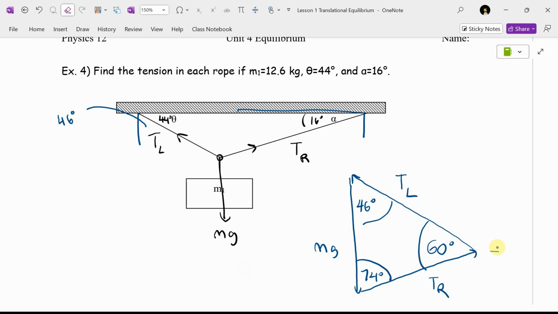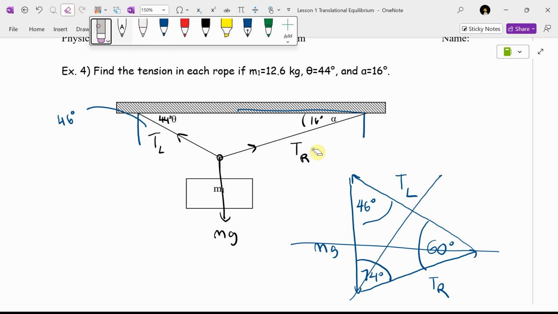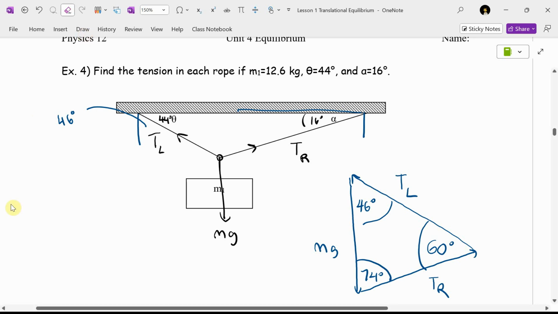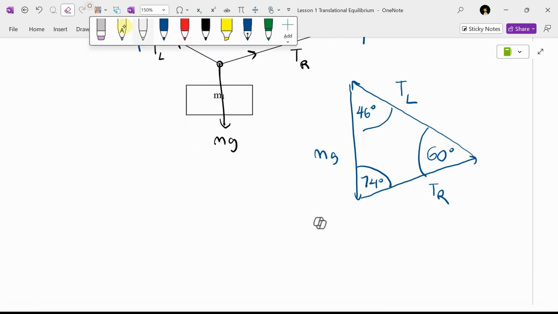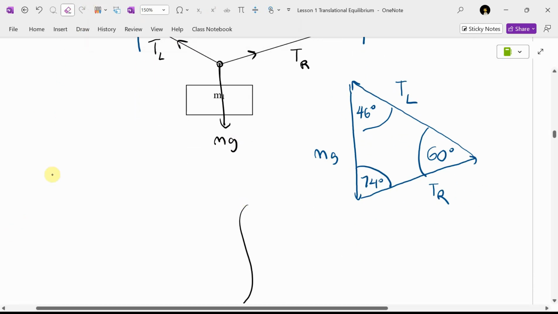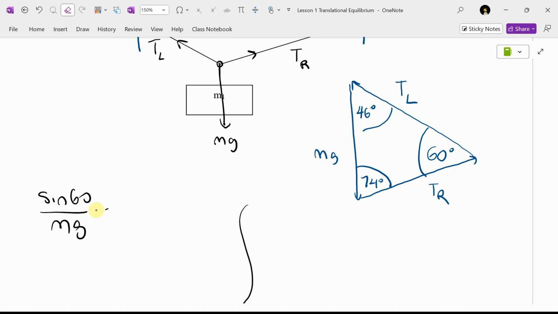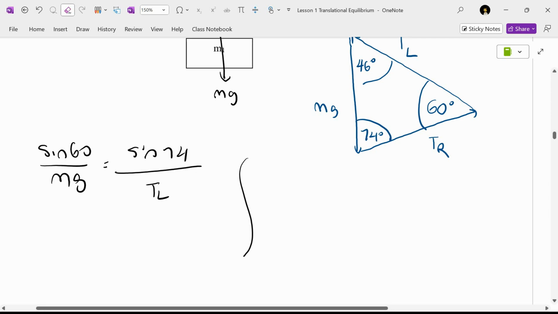So we're always going to use this pair, sine 60 over mg, and we're going to use this pair, sine 74 over TL. Just to help me stay organized, Tori, I'm going to do tension left on the left, and then tension right on the right. So it's going to be sine of 60 over mg equals sine of 74 over TL.